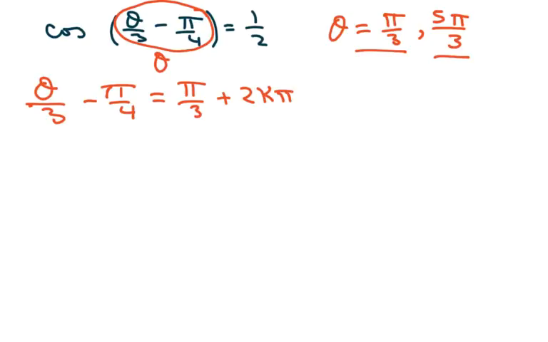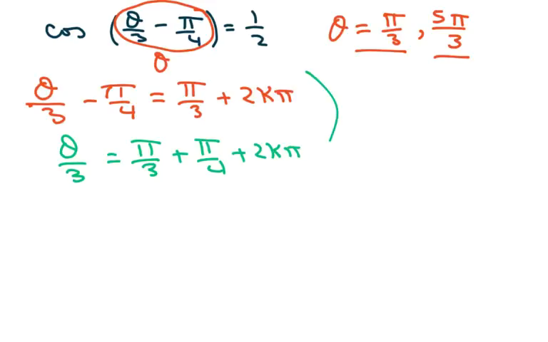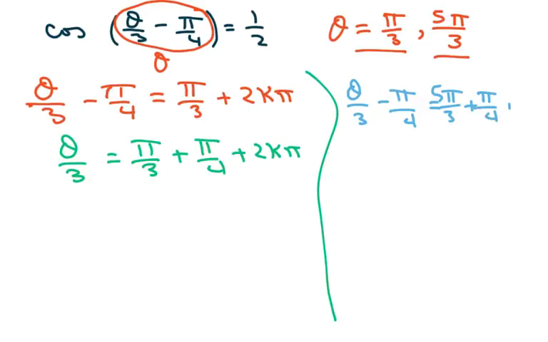So when you do this, you're going to get theta over 3 equals pi over 3 plus pi over 4 plus 2k pi. And I'll do this side over here. This one would be theta over 3 minus pi over 4 equals 5 pi over 3 plus pi over 4 plus 2k pi.